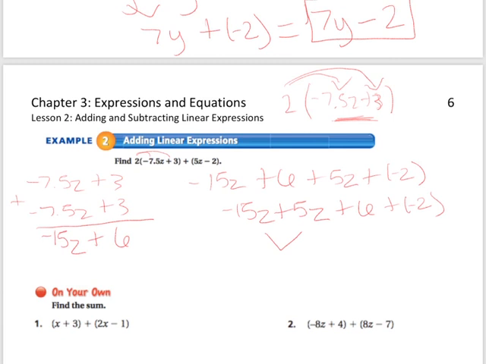Negative 15z plus 5z is going to be negative 10z. And then positive 6 plus negative 2 is going to be 4. So this is my sum. We are in simplest terms here because we don't have any other like terms, so we can't combine them any further. So we are left with negative 10z plus 4.